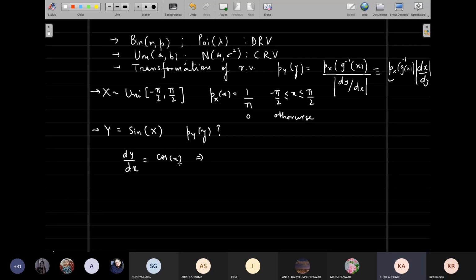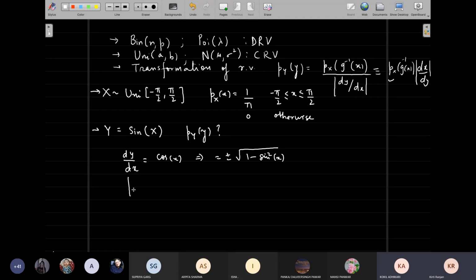This will be a simple cos x, but I want to write it in terms of y. So if I want to write it in terms of y, how will I write it? This cos x is equal to plus minus under root 1 minus sin square x, right? So under root 1 minus y square. I mean, it is plus minus.